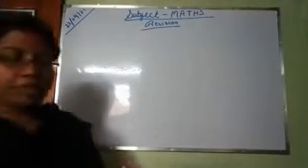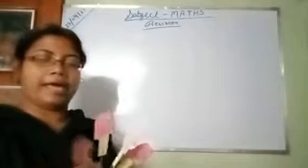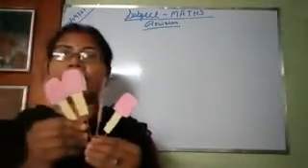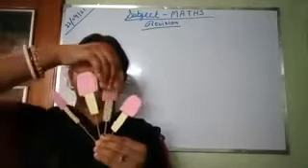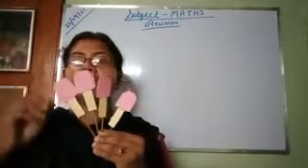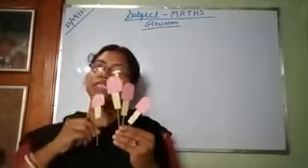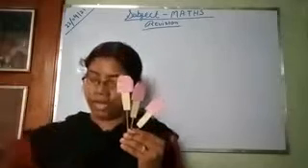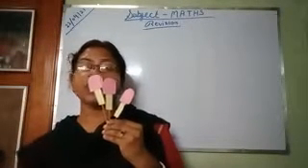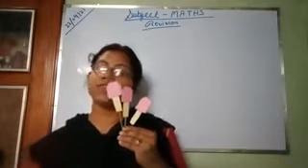First, I will make you understand with the pictures. Suppose I have 4 ice creams and I have eaten 1. It has gone to my stomach. So how many left? 1, 2 and 3. So 4 minus 1 will be 3.